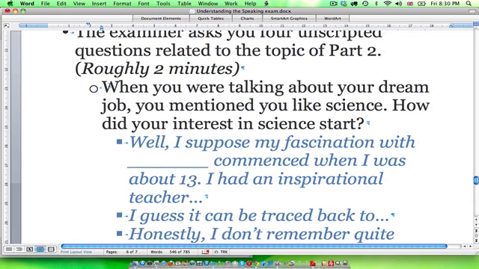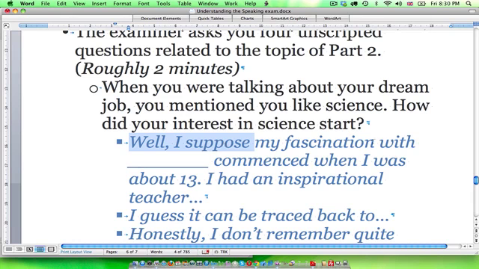Okay, and then we would respond with something like, well, I suppose my fascination with whatever, if it's science, commenced when I was about 13. I had an inspirational teacher. And these words in here, because we all need some time to think sometimes, can be stretched a little bit.